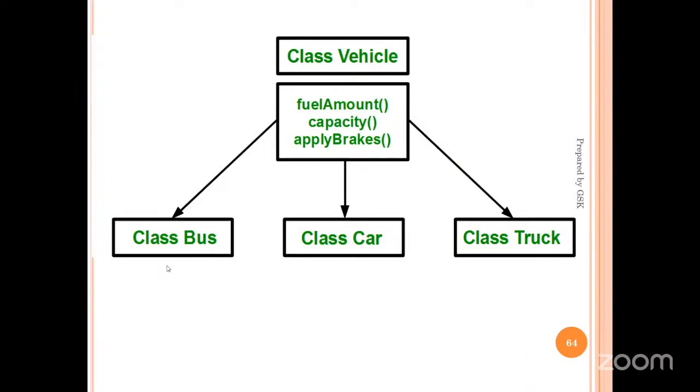That's why bus, car, truck are called child classes for the superclass vehicle. So in this example, vehicle is a superclass or parent class or base class, and bus, car, truck are called child classes or subclasses, or derived classes also. All are valid.